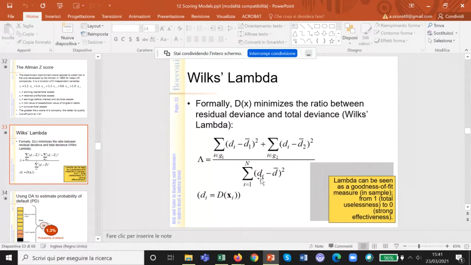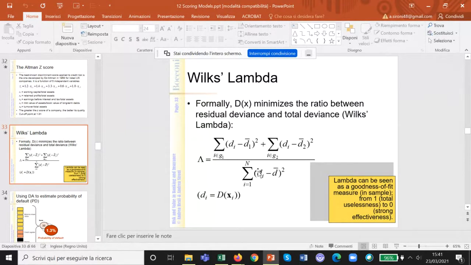So the idea is, if the model is a good one and well discriminates between good and bad, and at the same time gets values of the discriminant score which are close among good on one side and close among bad on the other side, then the numerator should be very close to zero, and especially should be very different from the denominator, much lower than the denominator.